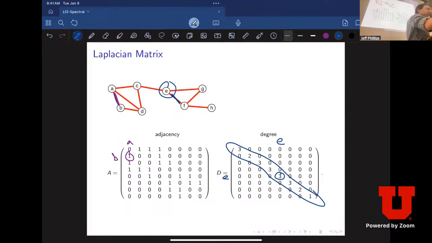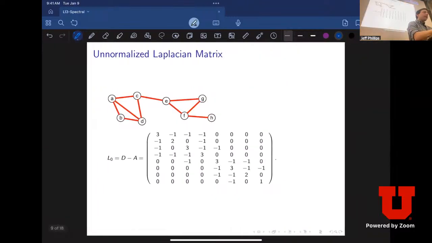That's because it has 3 edges coming out of E. The degree of E is going to be 3. That's what's in the degree matrix. The adjacency matrix might be n squared, quadratic size, as many edges as I might have. The degree matrix, I know the off diagonals are all 0, so it's only linear size. For each vertex, I just store how many edges it has. So also a pretty easy representation.